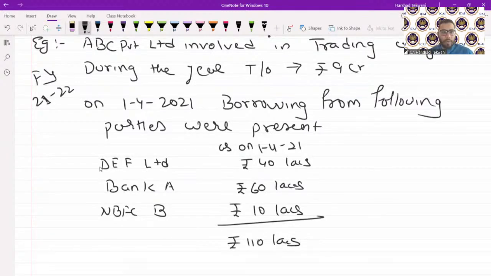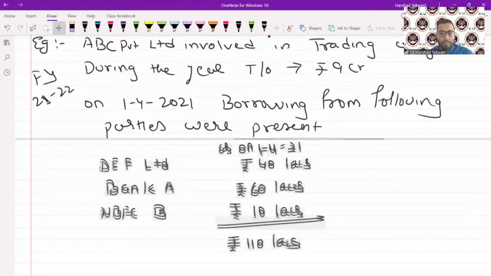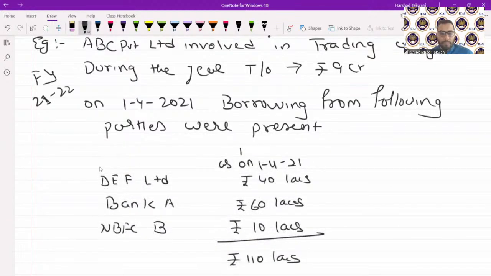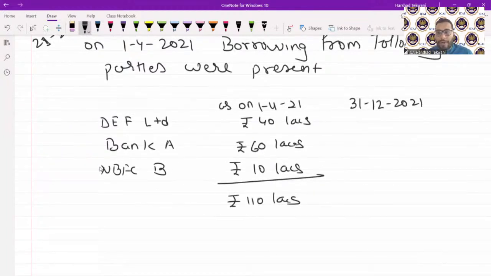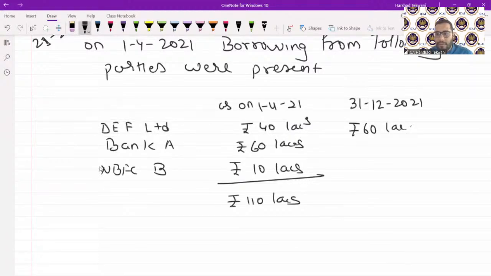Now, let's say during the year, on 31/12/2021, the borrowings from DEF Limited increased from 40 lakhs to rupees 60 lakhs.